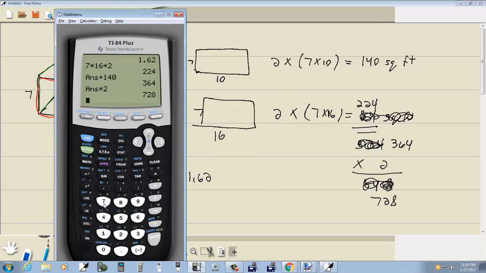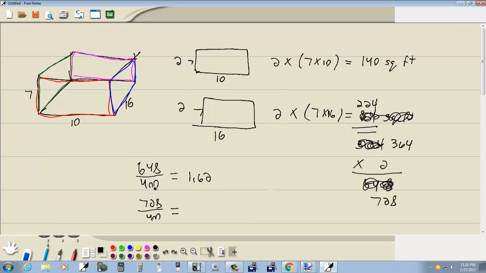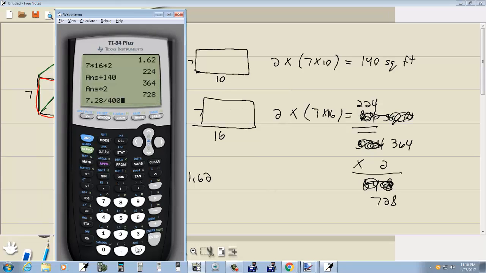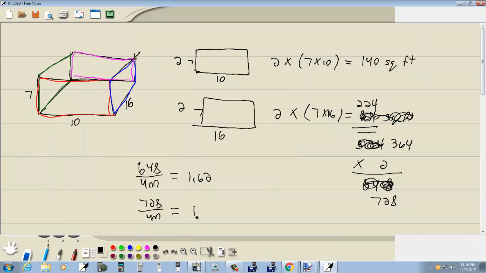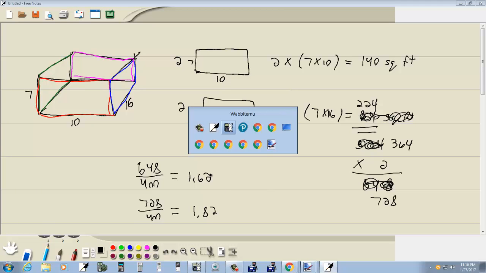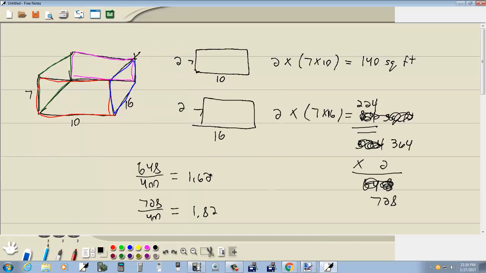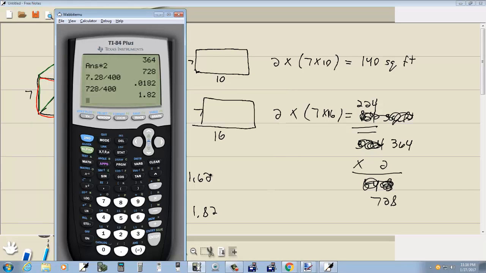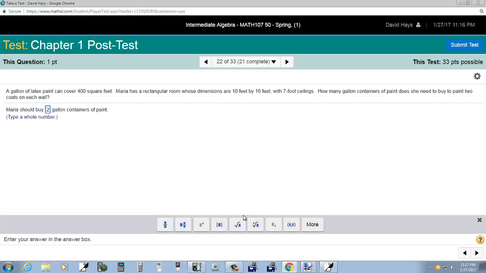Probably would have got it correct anyway, despite my mistakes. 728 divided by 400, 1.82. So it still goes to 2 gallons. Assuming I have not missed the wording. Okay.